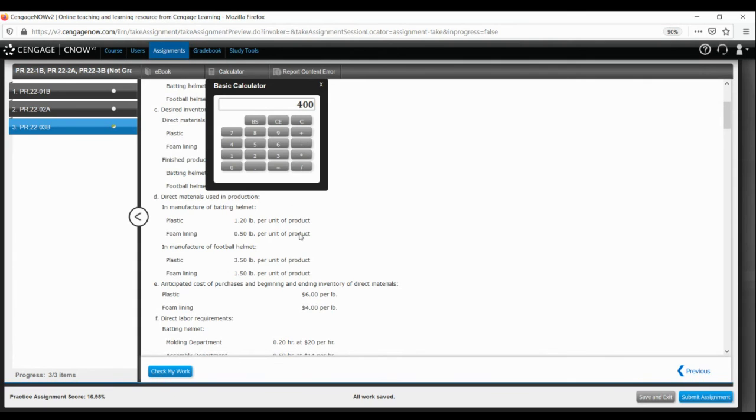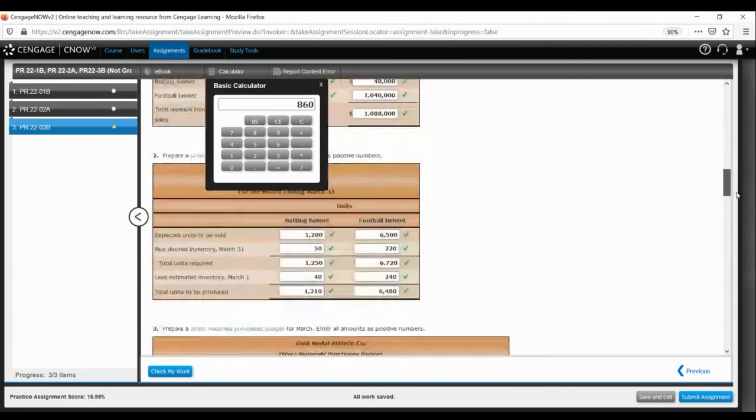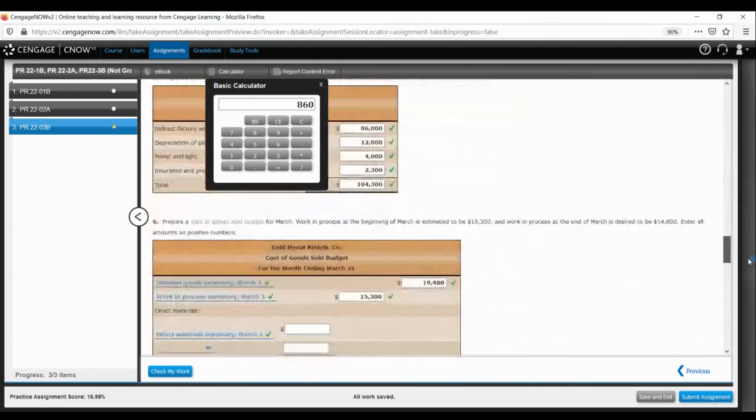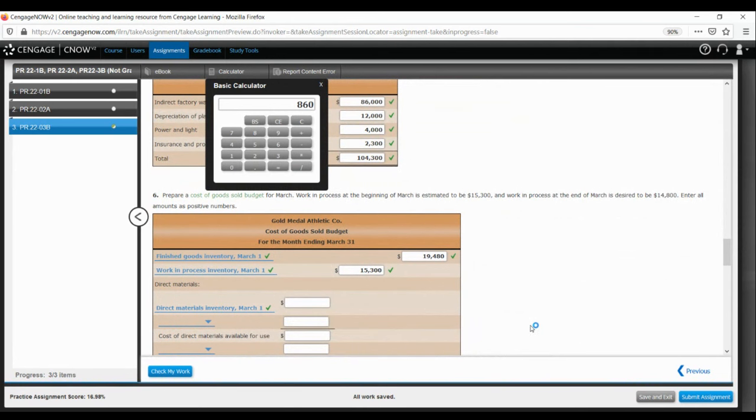This is the cost of the foam lining. So it's 80 pounds times $4, which is 320. And then you have to add back the cost of the plastic, which was $540. It's $860. So $860 is the cost of the beginning inventory.